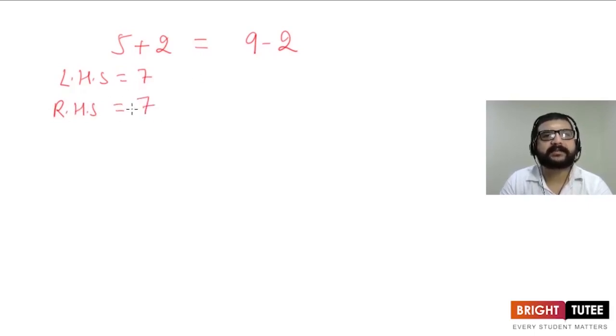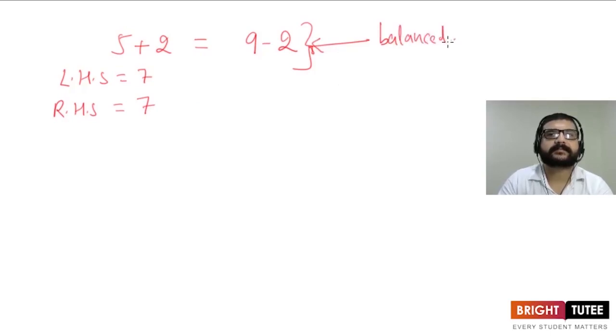Here LHS is equal to RHS. Therefore, we can say that the equation here is a balanced equation. Now, in the last example, what we did, we added the same quantity on both the sides of the balanced equation. Now this time, let's subtract the same quantity from both the sides of the equation.